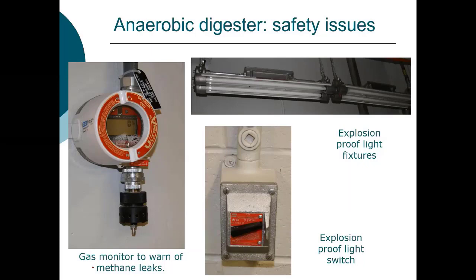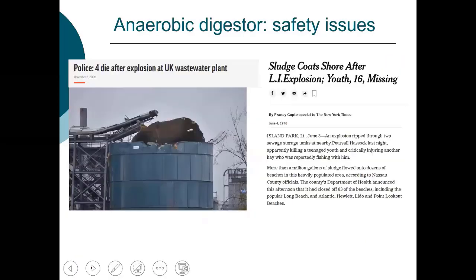We have explosion-proof light fixtures. So significant efforts have to be taken within the digester buildings to make sure that there aren't issues like this, where there are explosions at the wastewater treatment plant.